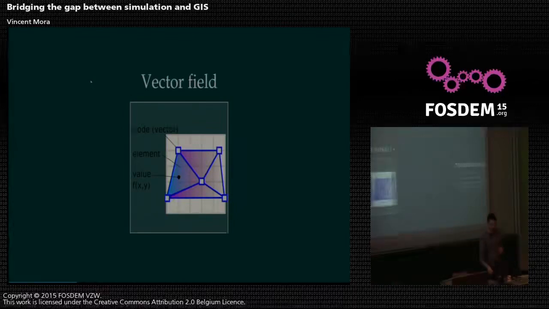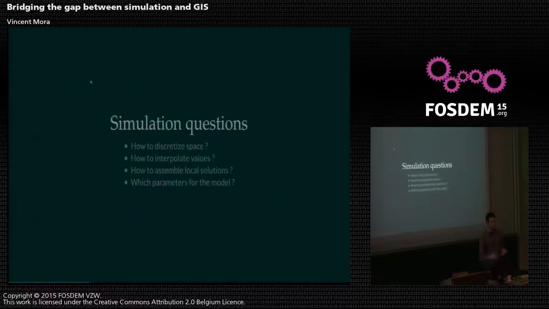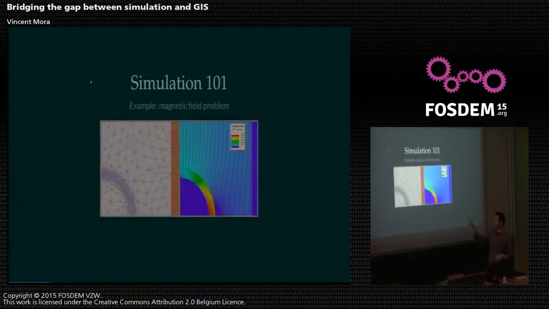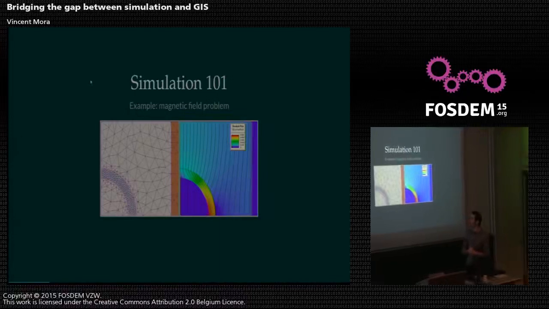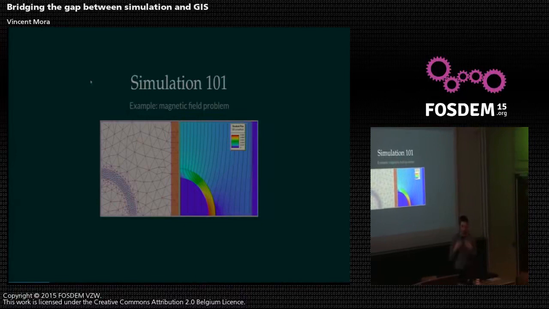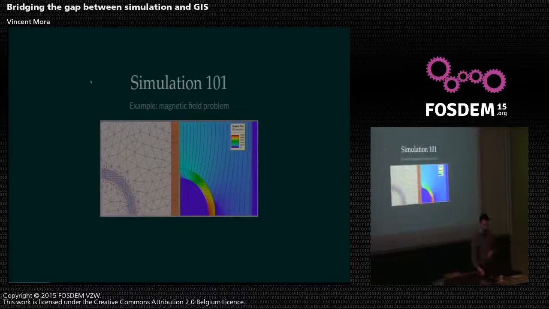And the hard task of simulation is that there are lots of questions in their own right. How to discretize space is a hard question, because in this example you can see that the density of the triangulation is not the same everywhere, because the people running the simulation know that around this ferromagnetic thing there will be much more to visualize.